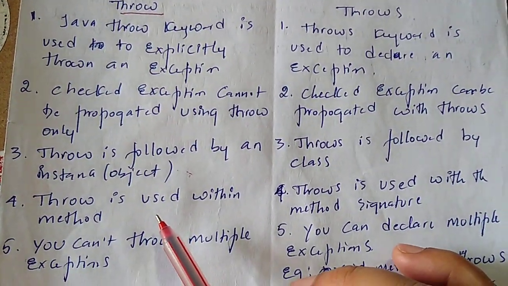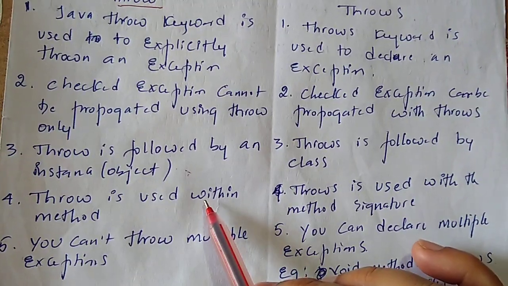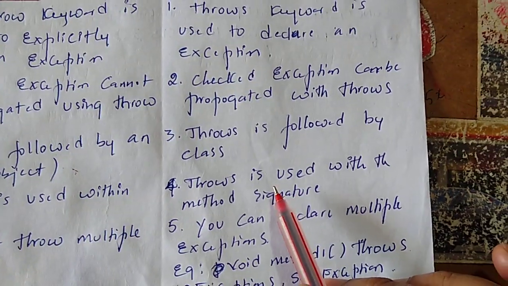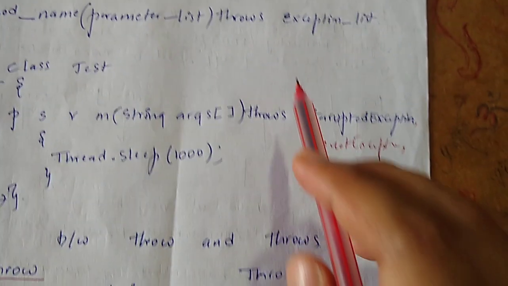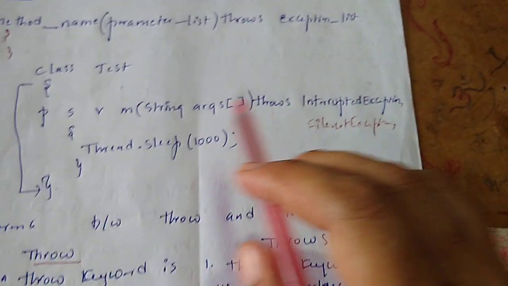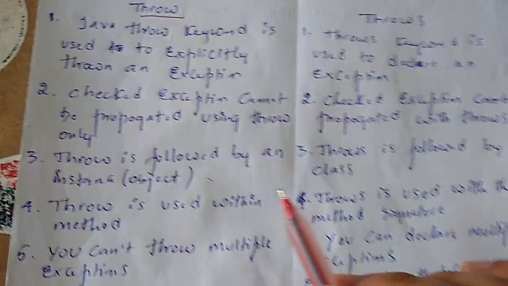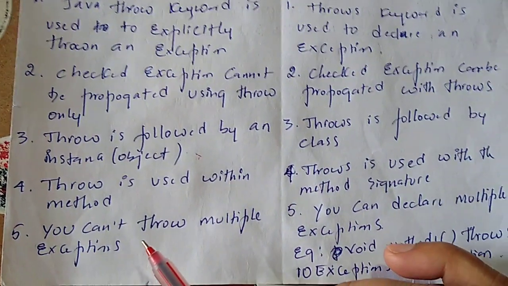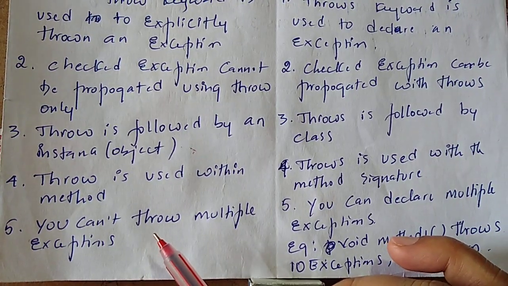What's the next difference? The throw keyword is used within a method, whereas the throws keyword is used with the method signature. Throws is used in the signature, whereas throw is used within the function definition. And the last one: you can't throw multiple exceptions. Using the throw keyword, you can throw exactly one exception.